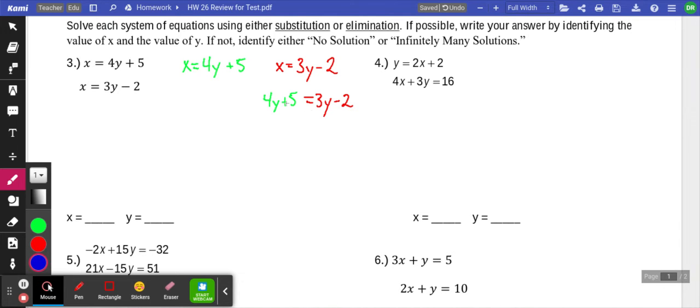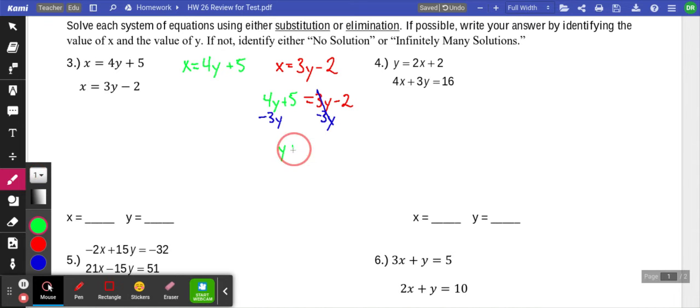Now to solve the equation, we do need to solve for y. We need to cancel one of these y's since they're on opposite sides of the equation. So we could cancel the 3y's, for example, by subtracting. That would leave you with 1y over here. But remember, 1y is the same as y.